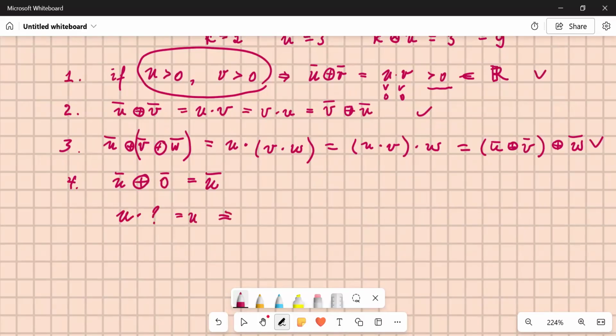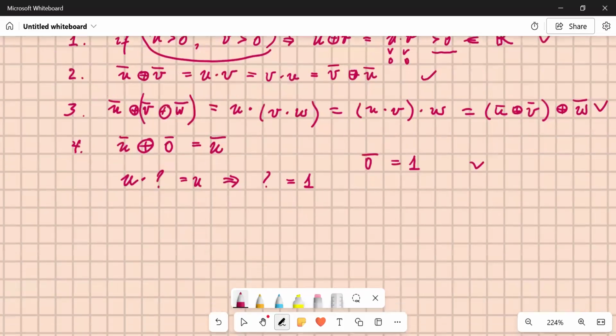Well, kind of obvious that this question mark is actually equal to 1, right? If we multiply a number by 1, we are still going to get the same number. So actually 0 for this vector space is equal to number 1. Well, so still it works, and we are going to be happy about this.